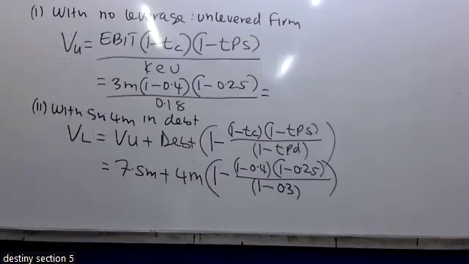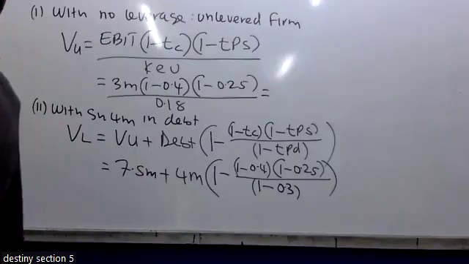Online, you are getting which figure? 8.93. So that is now your Roman letter 2.